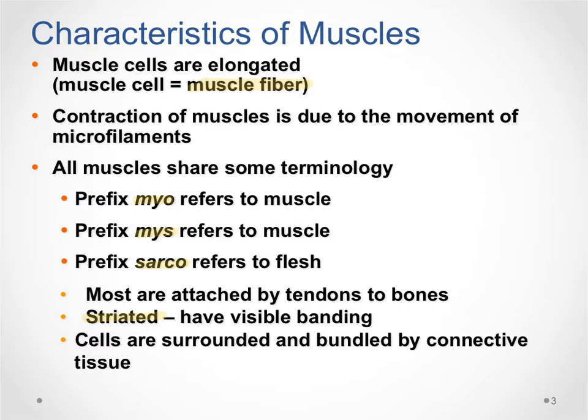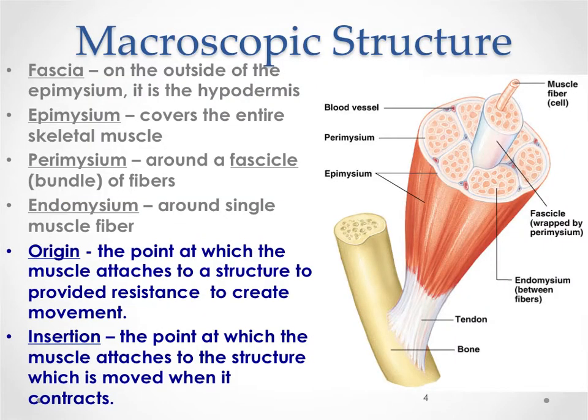The cells are surrounded and bundled by several layers of connective tissue. And as we look at the macroscopic structure, we will talk about all of these layers of tissues. So the first thing that we have, if we're going to start on the inside of the muscle, as small as we can go macroscopically, is the single muscle fiber itself, which is the muscle cell that we see here.